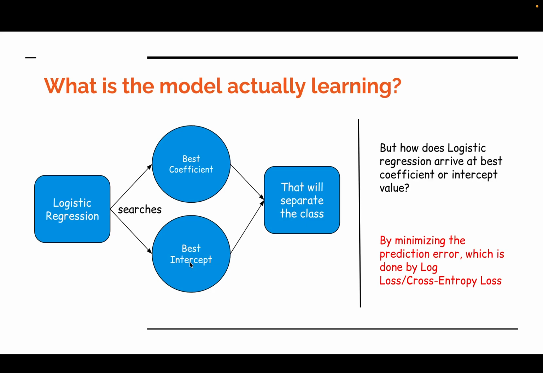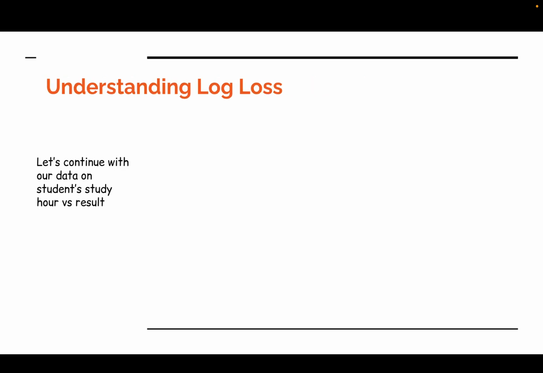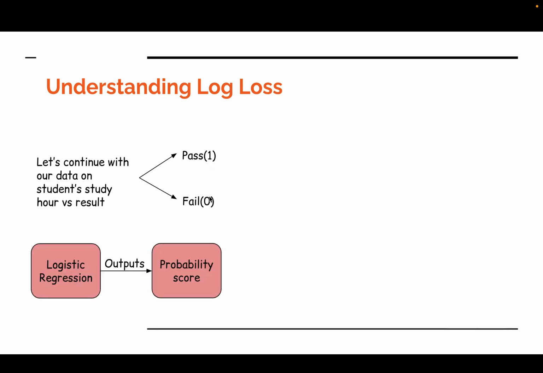So now let's understand the log loss, what it is and how it works. So let's continue with our data on students' study hours versus result. And we know that we want to predict between pass or fail, which is 1 or 0. And we also know that logistic regression outputs a probability score.